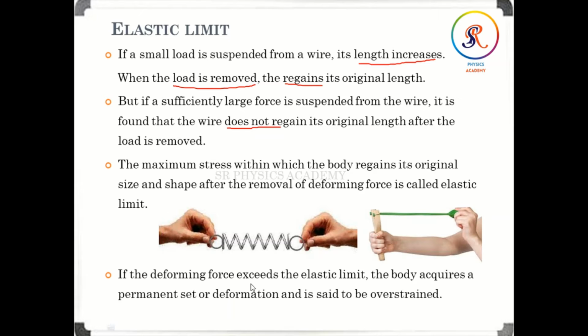If the deforming force exceeds the elastic limit, the body acquires a permanent set or deformation and is said to be overstrained. So, it is the overstrain. That means the deforming force exceeds the elastic limit, so the body gets a permanent set. Permanent set means it can't come back to its original shape.